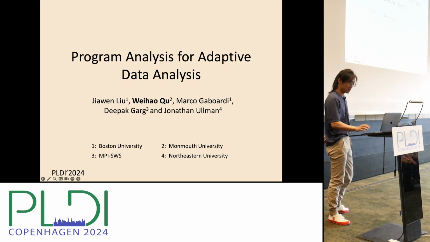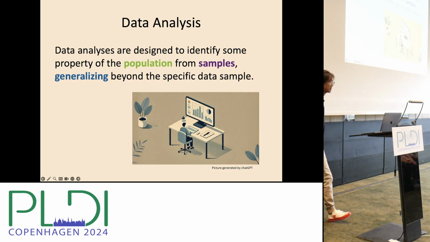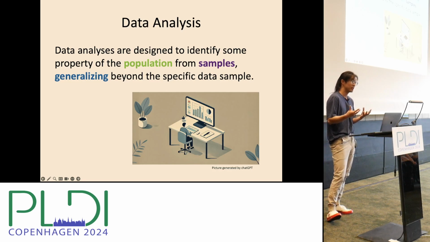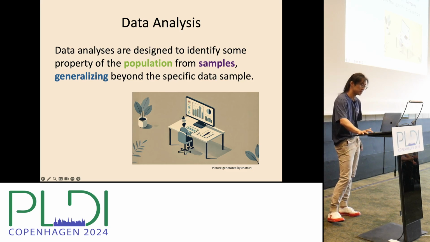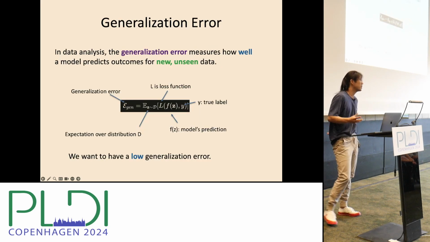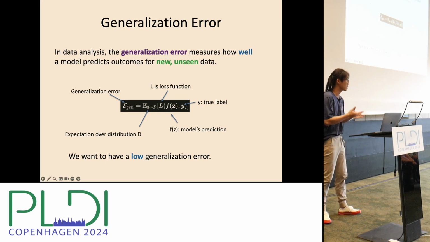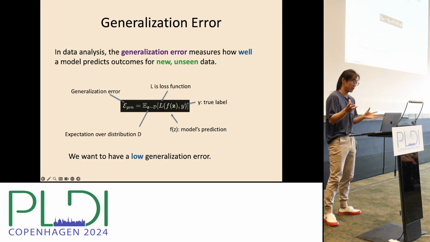So data analysis is designed to find some properties of populations by getting some samples. A good data analysis can draw conclusions that generalize beyond the specific data samples. In this area, people use the concept of generalization error to measure how well such models can predict the outcomes for unseen new data from the populations.